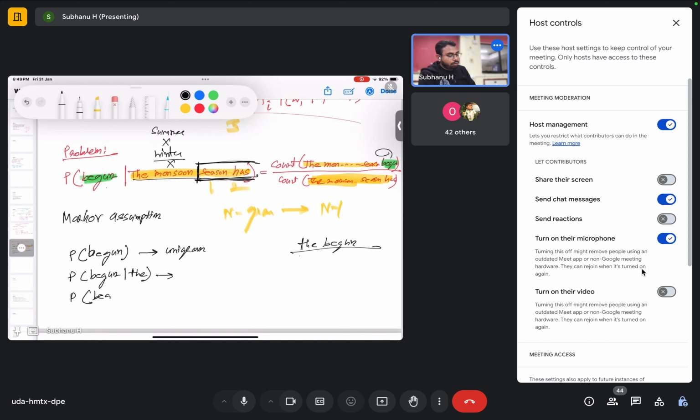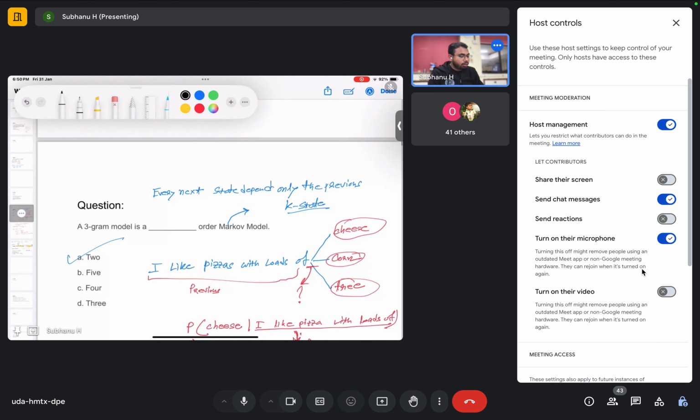In trigram, you will find the monsoon. Right? So this is how unigram, bigram, and trigram work. This was the answer to your question: a 3-gram model is a two-order Markov model.